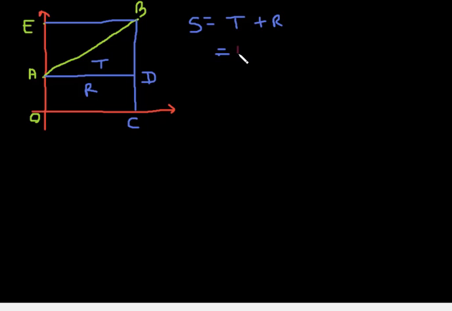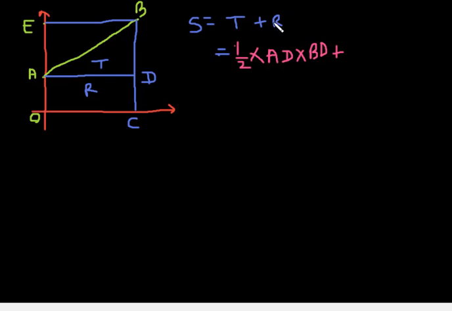So half into base, that is AD, into height, that is BD. Plus the rectangle.